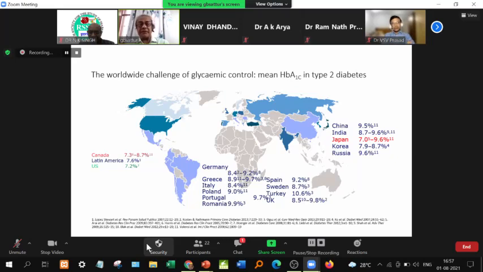Now, this slide, whenever we see so many figures, we normally tend to ignore it. But if you just carefully see here, I have put Japan in red color. You can see that one of the richest countries, richer than America, definitely has many uncontrolled diabetes.